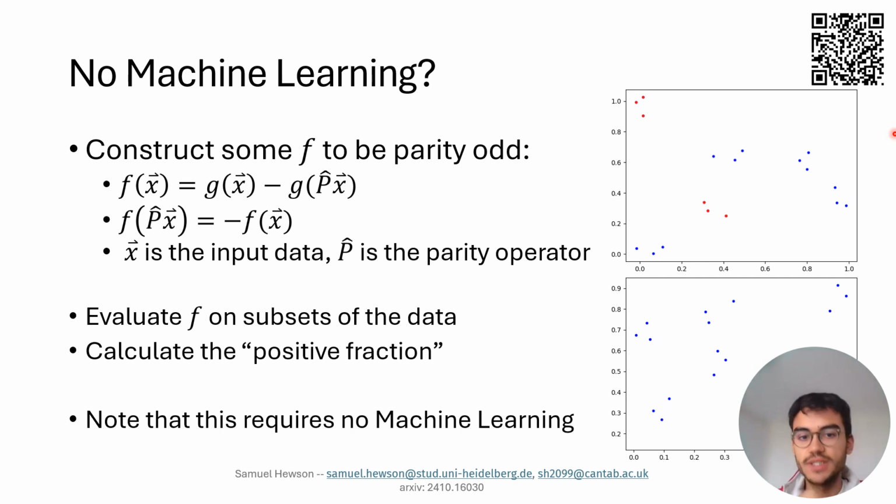The idea of this g is that it would encapsulate some concept of what it means to be parity violating in the system.